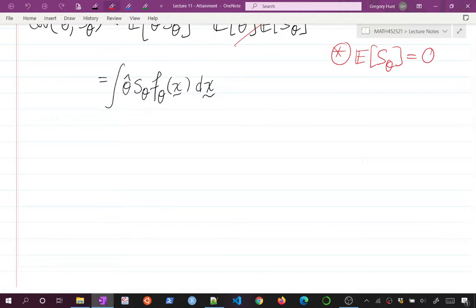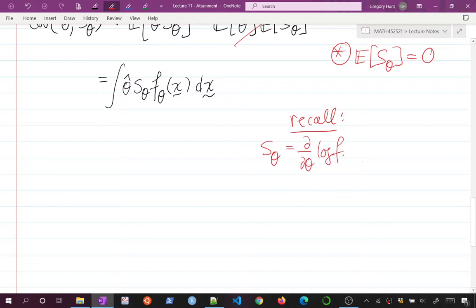Now we should remember what our score function is. So let's write this to the side here. We'll say recall this fact. The fact to recall is that s theta, our score, is, of course, d theta of log f theta evaluated at a random variable.